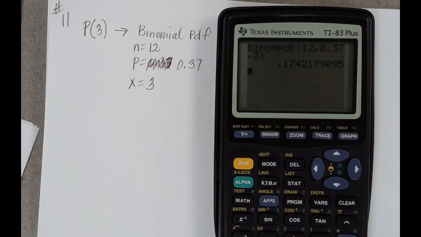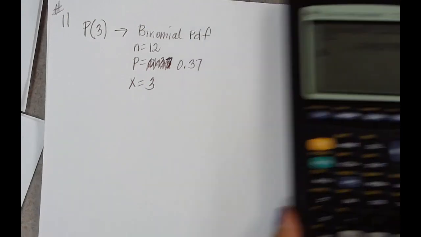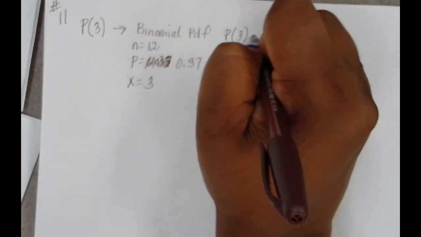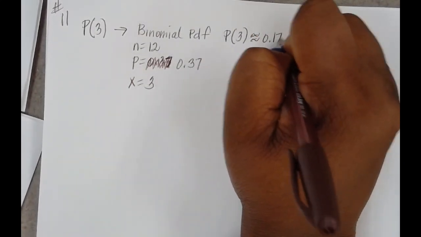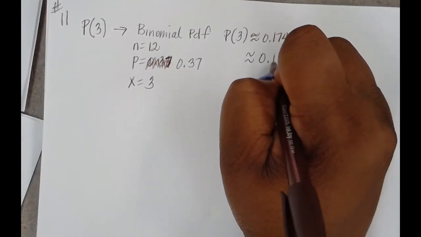Hopefully you said that first I may record 0.1742. So P of 3 is 0.1742, rounded to 3 numbers after the decimal, the thousandths place, 0.174.